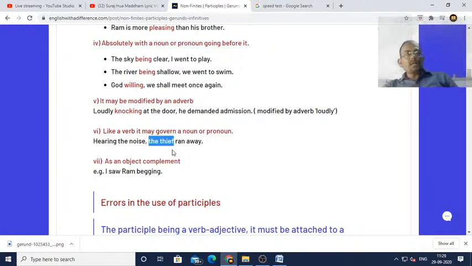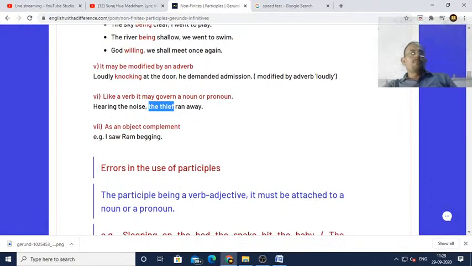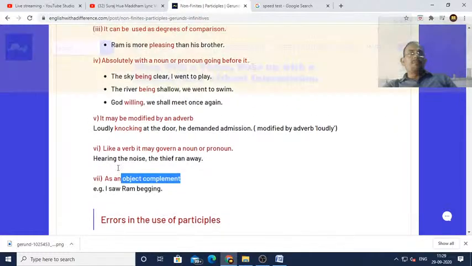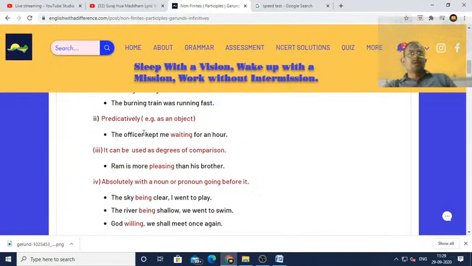And the next and last use of the present participle is as an object complement. Object complement means whenever a participle is used after an object, that is called object complement. I showed you that predicative use is also the same as an object.